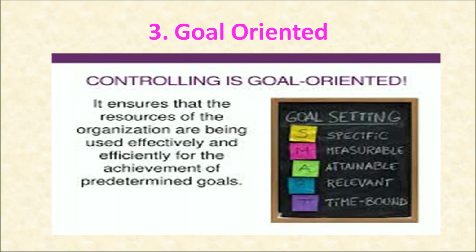Controlling ensures that the resources of the organization are being used wisely and effectively for the achievement of the already predetermined goal. That means controlling is undertaken with a certain set of objectives, and it enables you to accomplish those objectives, and you also ensure that the performance of your activities or the performance of your staff and the use of those resources enables the organization in achieving the already pre-decided goals.